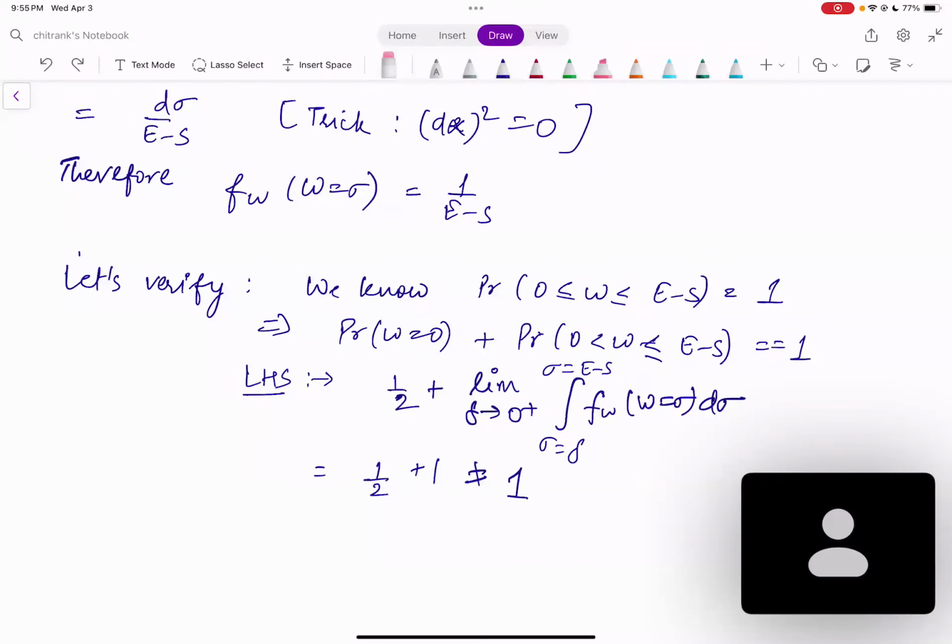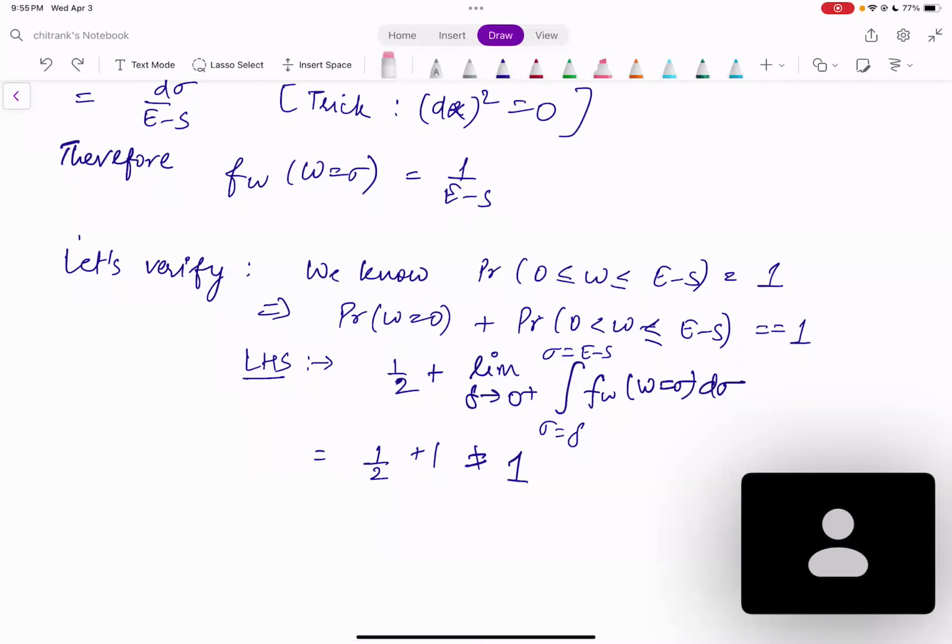The reason is that the probability we want to calculate is for W to lie between 0 and E minus S, but excluding 0. The way you can exclude 0 is by taking this limit. You can always pause here and check that indeed this is one of the correct ways to do it.